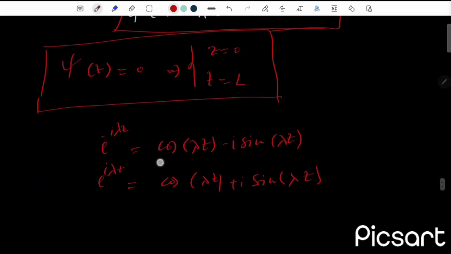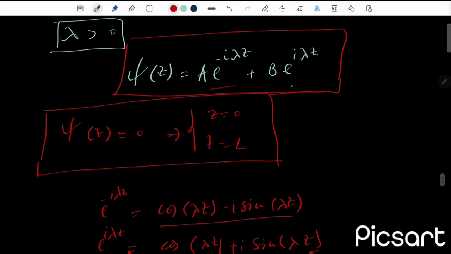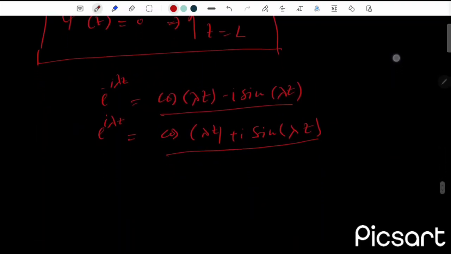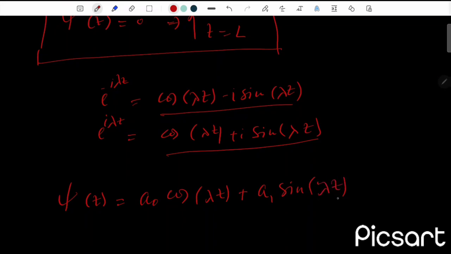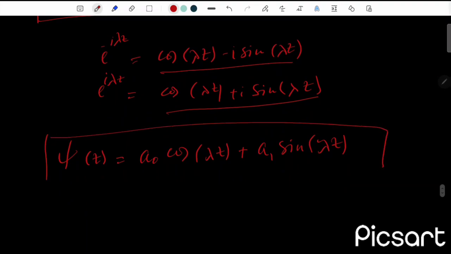So if we substitute these two expressions in this relation, we can rewrite psi now: psi of z equal to a0 cos of lambda z plus a1 sine of lambda z. This is the other way to write our function.